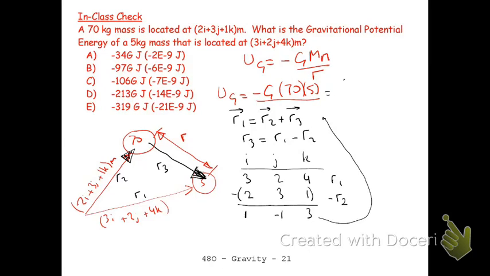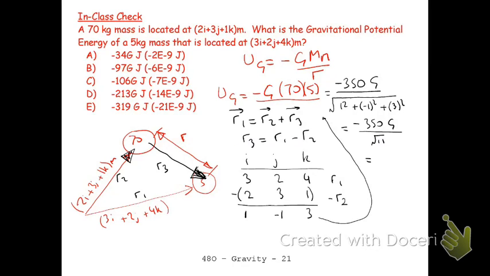So this equals minus 350G over the square root of 1 squared plus minus 1 squared plus 3 squared. So this equals minus 350G over, 1 squared is 1, plus 1 is 2, plus 9 is 11, square root of 11.